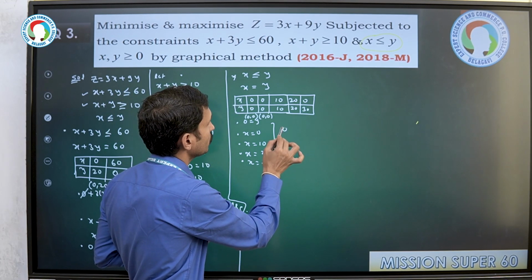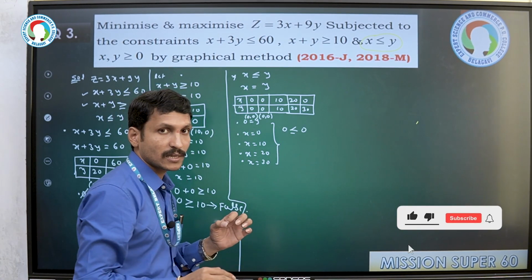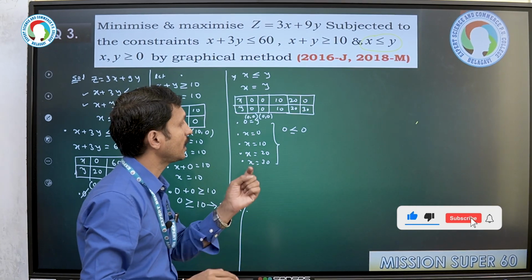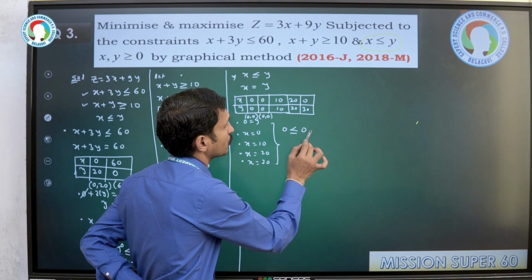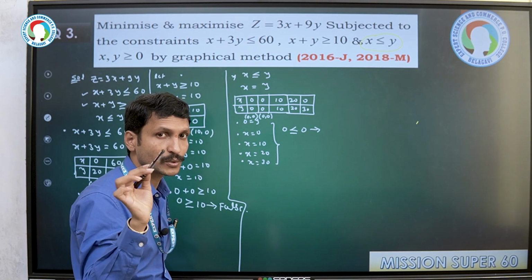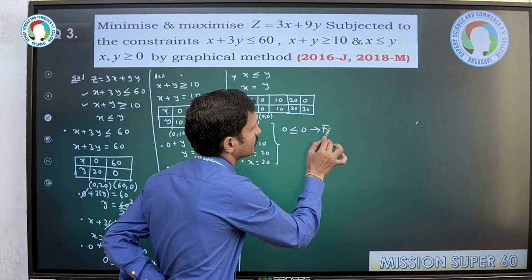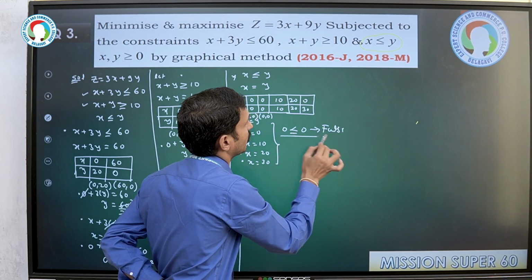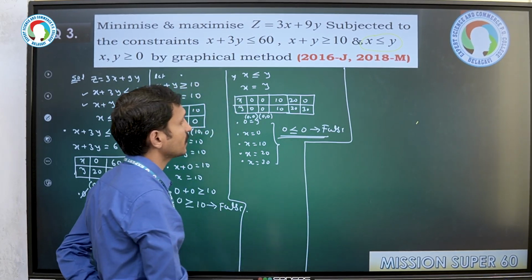X value 0 less than or equal to, y value is also 0. In the beginning part, I told you 0 is greater than or equal to 0 is true, and 0 is less than or equal to 0 is false. When you get this, after this you should solve the problem.